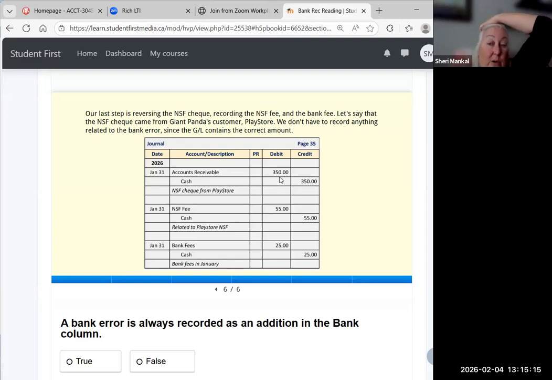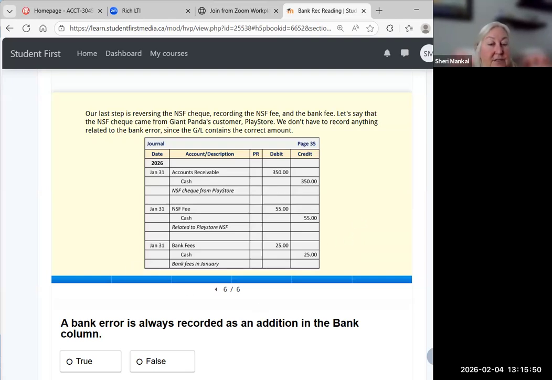So the customer will now owe us $405 because they have to pay for the NSF fee. But right now, we have to record it because it is part of our expenses for this month. And lastly, our bank fee expense account goes up and our cash goes down. And again, we would post those all to the ledger so that at the end, our ledger would match what the bank statement is saying, once the bank corrects that $54 mistake that they made.